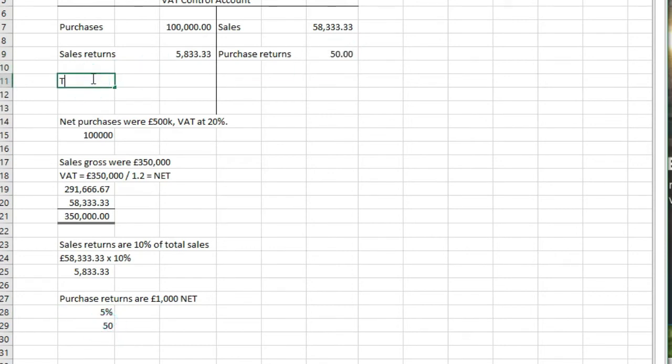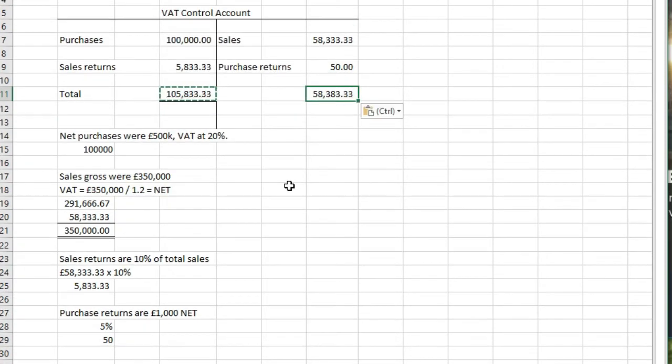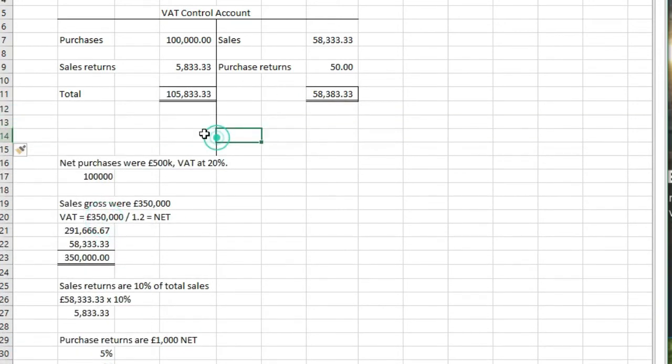So if we tally all of these up here, we have 105,833 and 5,833. So by looking at that, just ask yourself quickly, do we owe HMRC money or do they owe us? And I'll show you a very quick way of knowing.